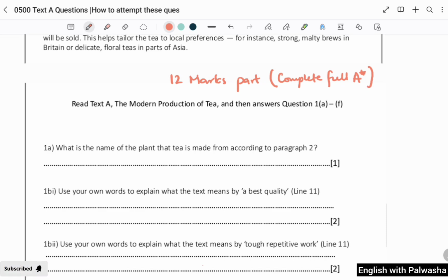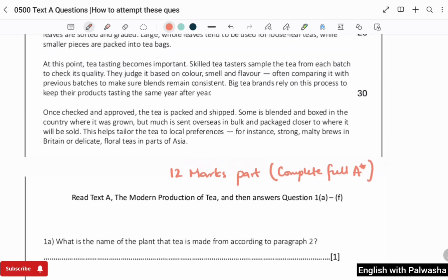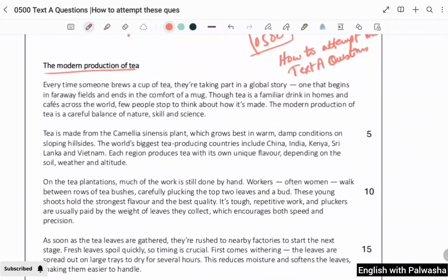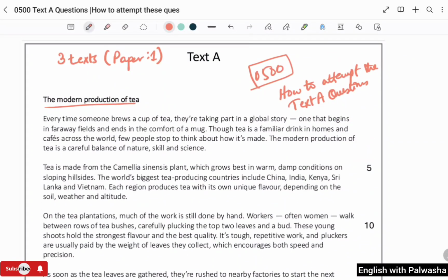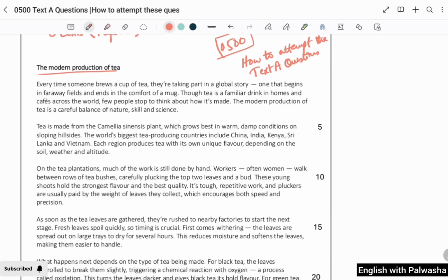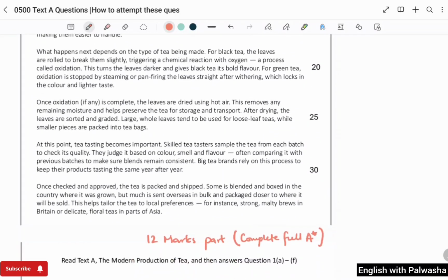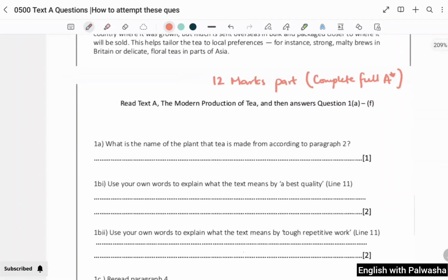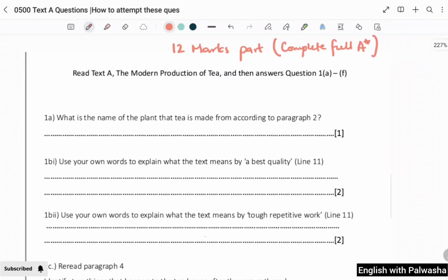I'm going to guide you step by step, right? So I'm sure that those who are doing it with me have started reading the text A. Take a screenshot, pause my video, and please read the text A first. Once you are done with the reading of text A, then play my video, and then you can start, and let's do this text A.